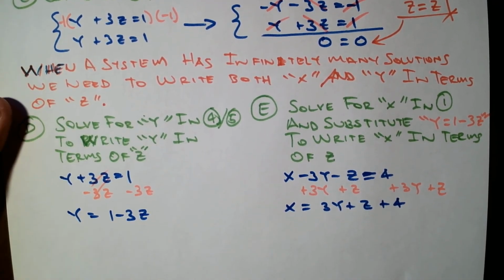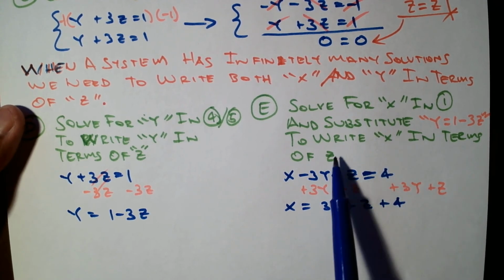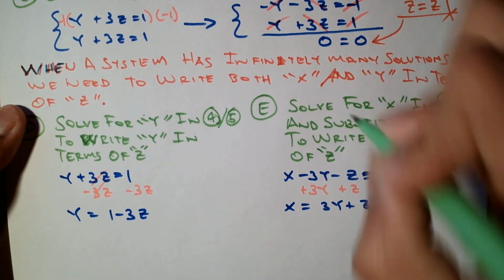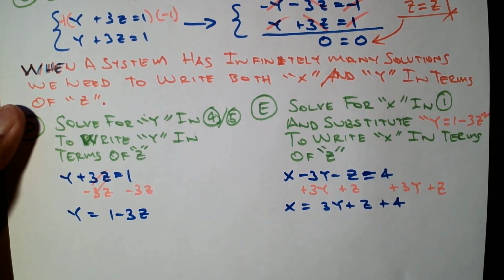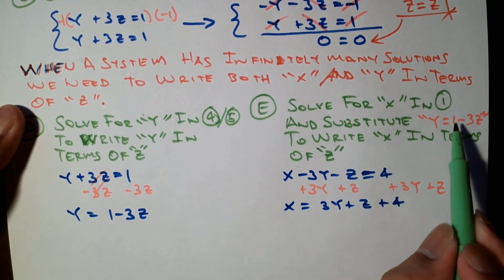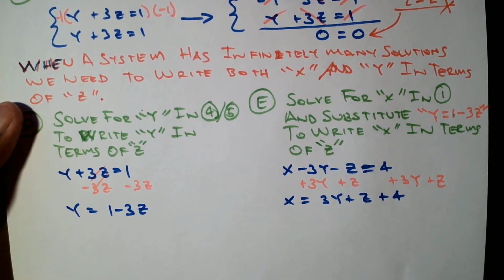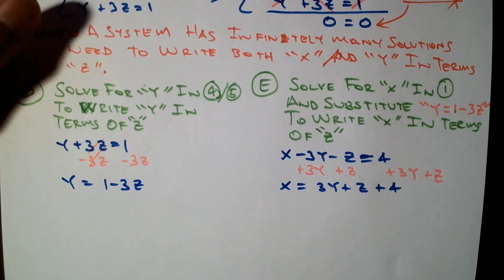What we want to do is get x in terms of z only. But we have a y here, so that's why we need to substitute y equals 1 minus 3z, so everything remains in terms of z.